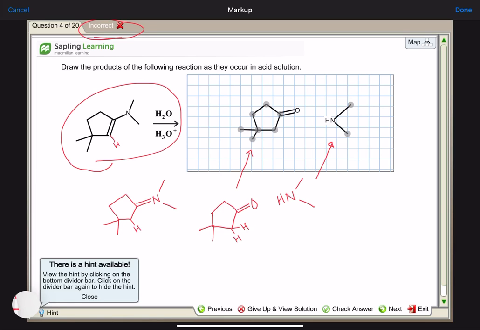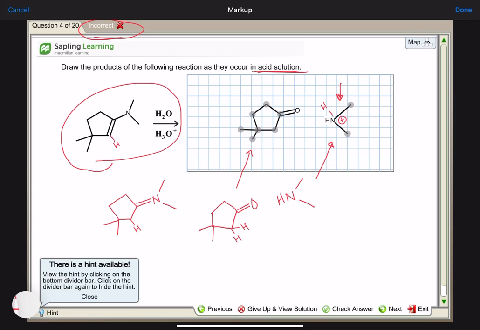Then I realized that when this reaction takes place in acidic solution, the product is an amine. Amines are bases, which means that if you have amines in an acidic solution, they are going to get protonated by that acid. So the actual product that Sapling wants you to draw is the protonated amine.